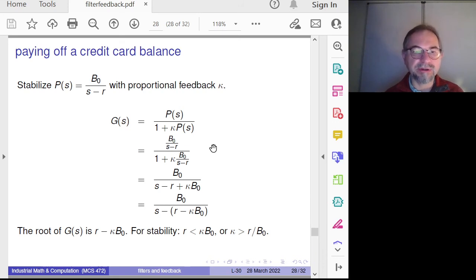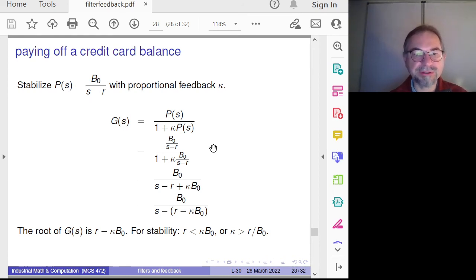Since this is a linear denominator, the root can be seen, and it depends on the original root, which is the root for the interest rate, and we have the initial balance sitting in there as well. So we want the root to be negative, which you can formulate as a condition on the interest rate.